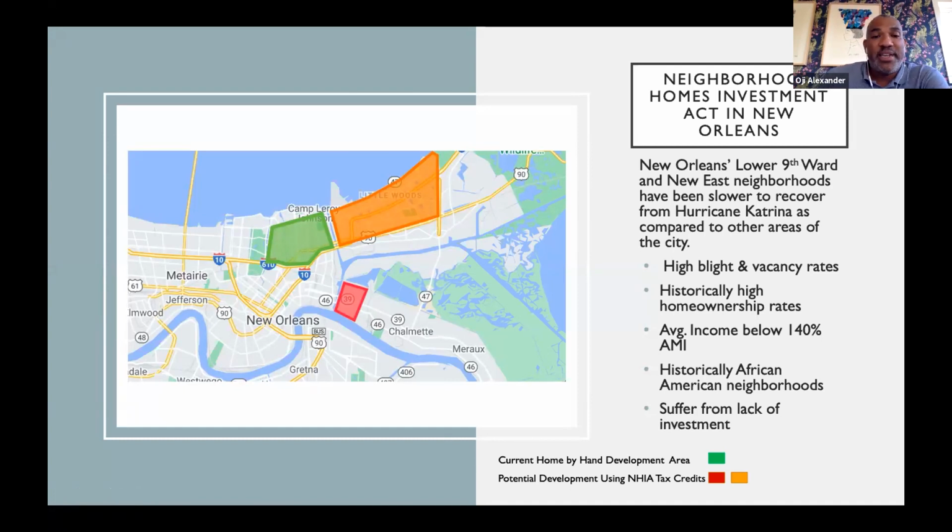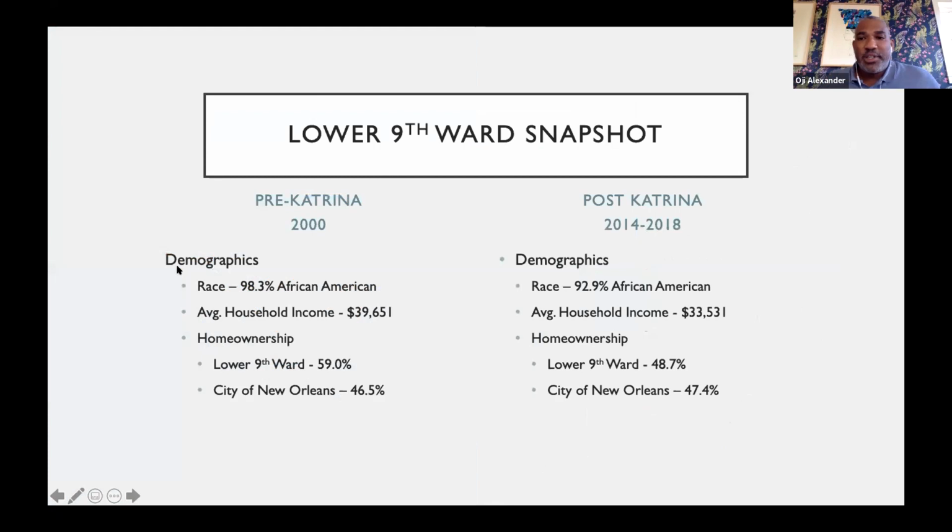Both neighborhoods have historically high homeownership rates, higher than the rest of the city. The average income for both falls way below the 140% AMI threshold, and both are historically African-American neighborhoods.